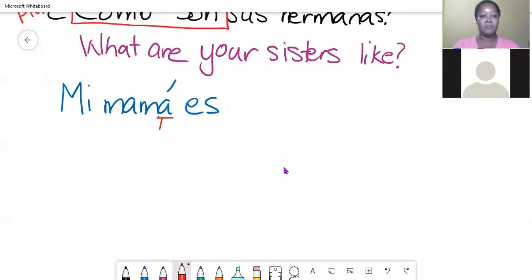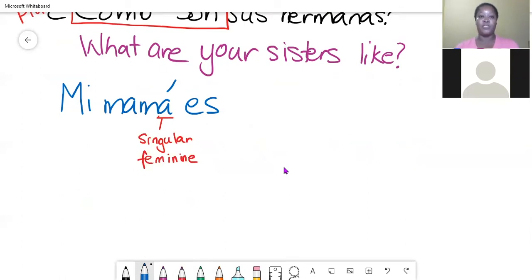It therefore means that any adjective that you're going to use to describe mi mamá must also be singular and feminine.